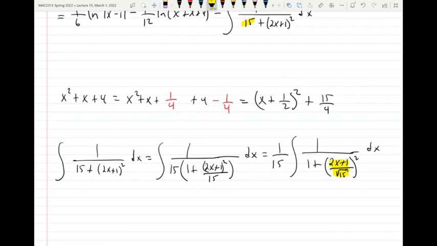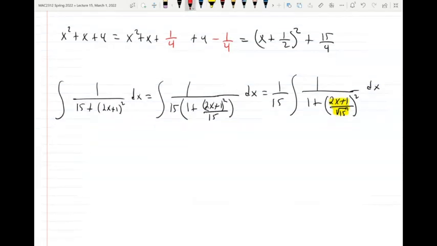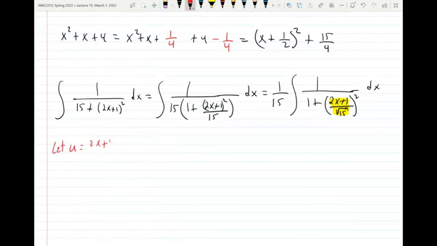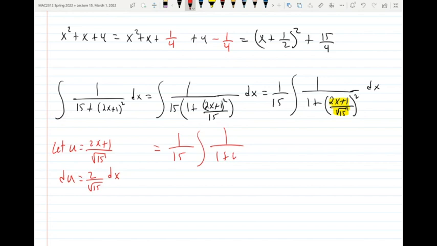And now, this is our substitution, right? Now we let u be equal to 2x plus 1 over square root of 15. So du is 2 over square root of 15 dx. So this becomes 1 over 15, the integral of 1 over 1 plus u squared.